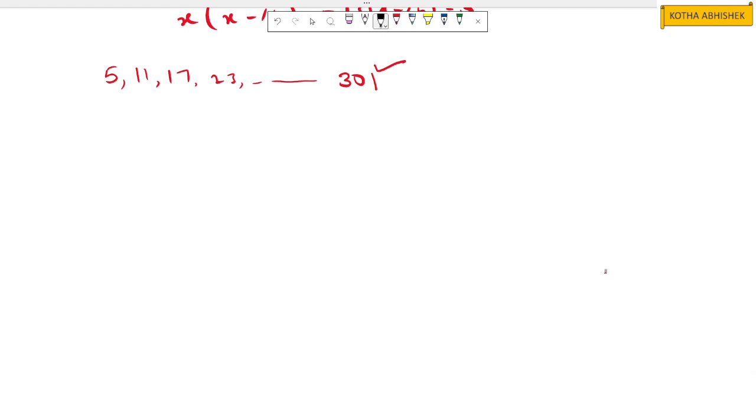So first let us go with the nth term formula, an equals a plus n minus 1 into d. An means the number we are checking whether it will be there in the given progression or not, that is 301. So an will become 301, which equals a, the first term 5, plus n, which we don't know, n minus 1 into d, the common difference, second term minus first term, that is 11 minus 5 is 6.